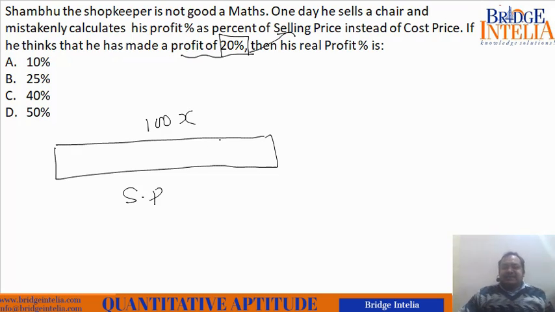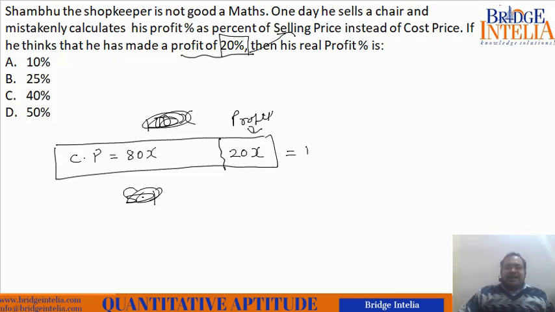So he realizes that the profit he has made is equal to 20x. If selling price is 100x, profit must be equal to 20x. So out of 100x, 20x is the profit. So how much is the cost price? 80x, because total is 100x. The object has been sold for 100x. Out of those 100x, 20x is profit. So 80x is investment. So now the things are clear.